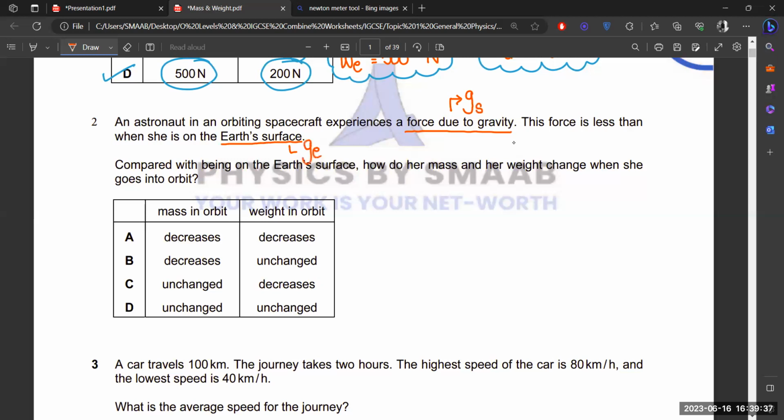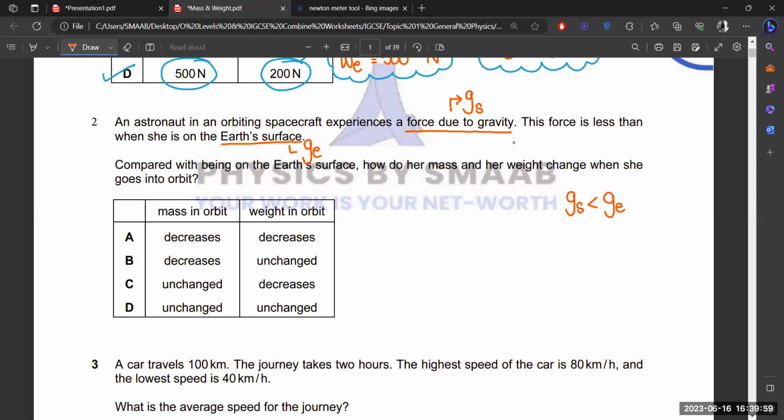So we can write it as the value of g at a spacecraft is less than the value of g on Earth's surface, right? That is the meaning of the first two statements. And the second thing they are asking about is how her mass and her weight change when she goes into orbit.